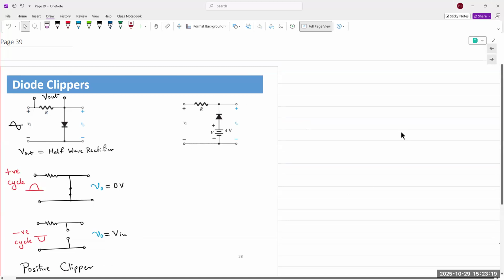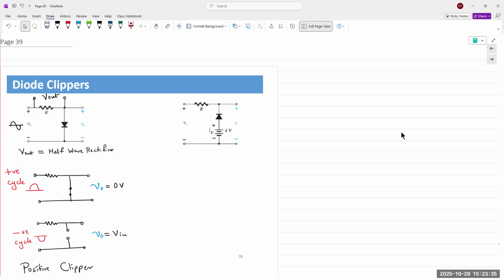And there are multiple combinations with this. I could have the diode pointing up. I could have the diode pointing down. I could have the anode connected to a positive battery terminal as shown here. I could have the cathode connected to the positive terminal. I could have the anode connected to a negative terminal. I could also have the cathode connected to a negative terminal. Multiple different possibilities, very interesting options.